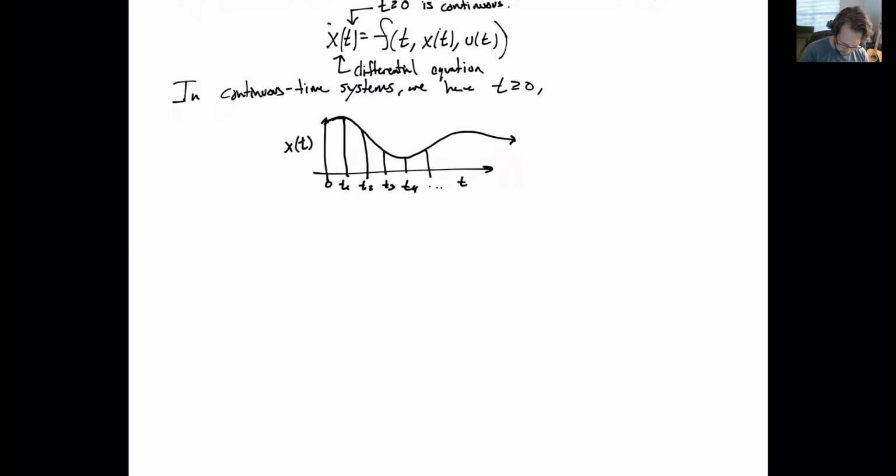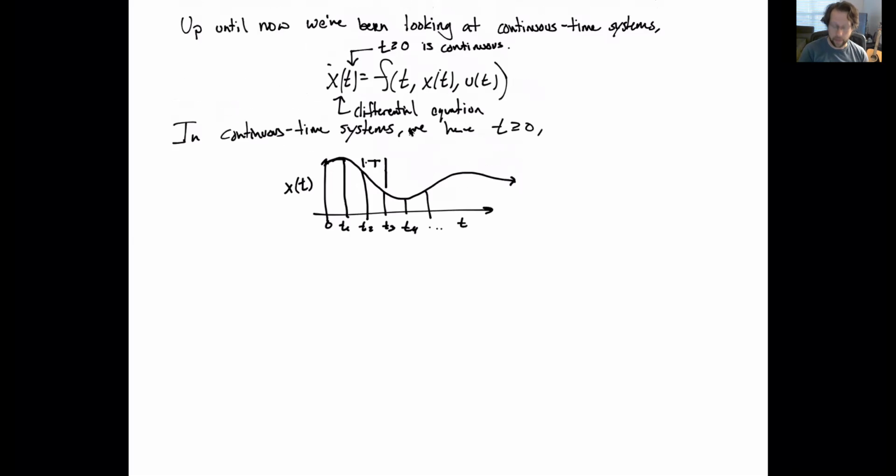Let's say these intervals are defined by this value, capital T. Then we can index each one of these time instances by a new variable k.